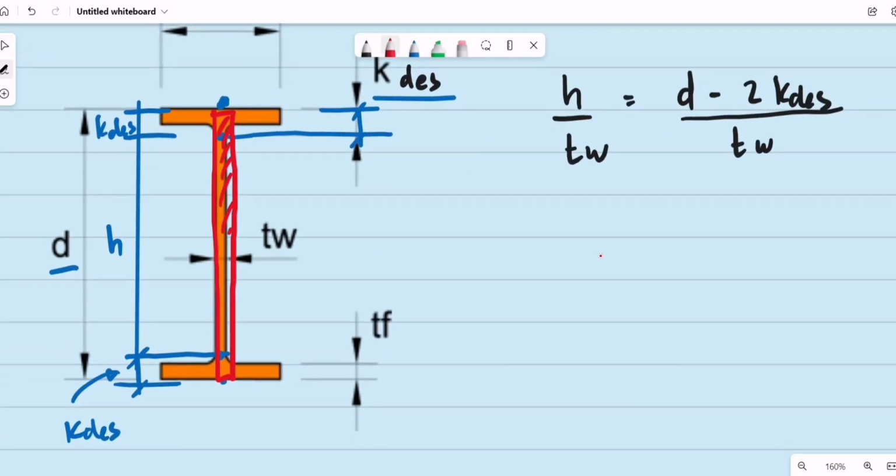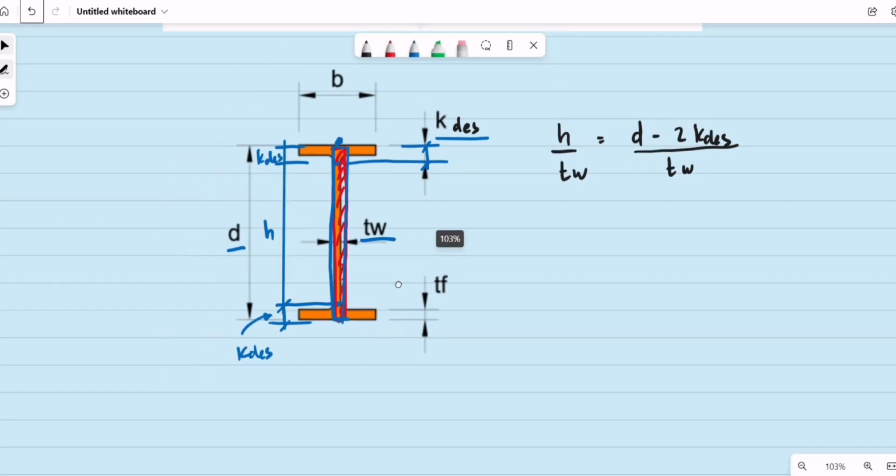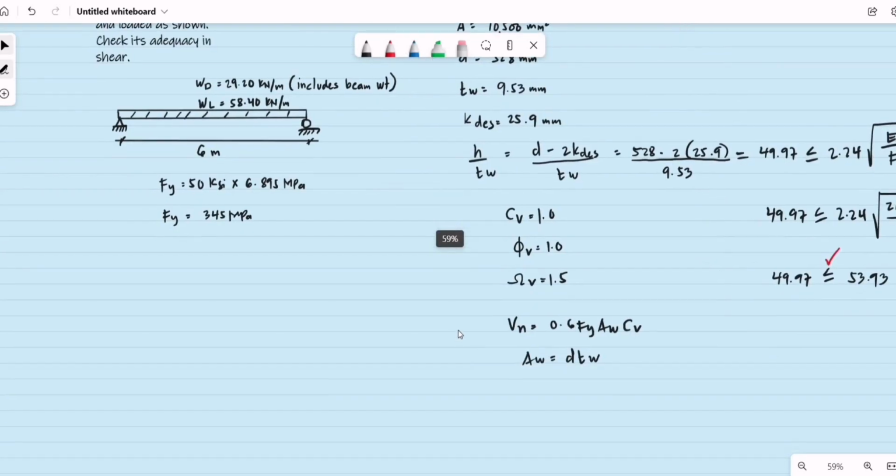I hope you can see the red ink. I'll be using blue ink maybe. So this is our area of the web: the total depth, multiplied by the thickness of the web. So that's our A sub W.